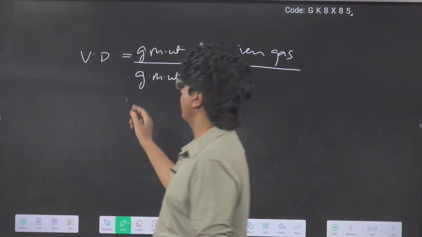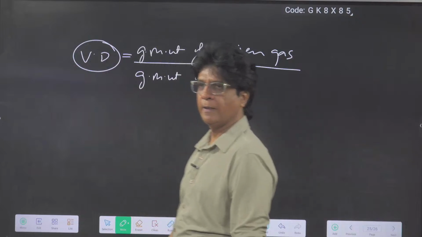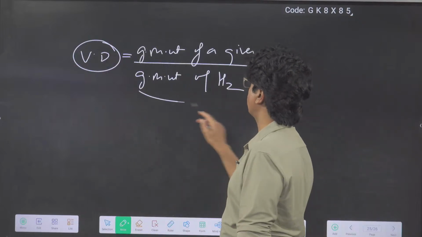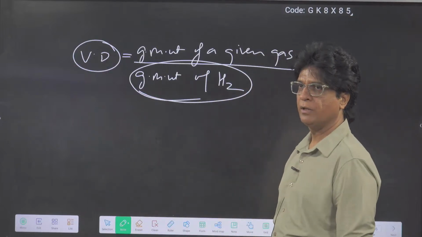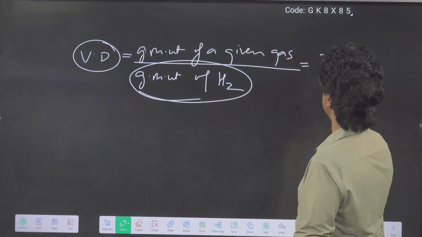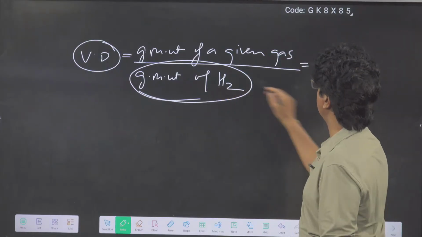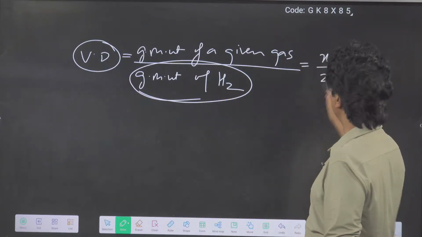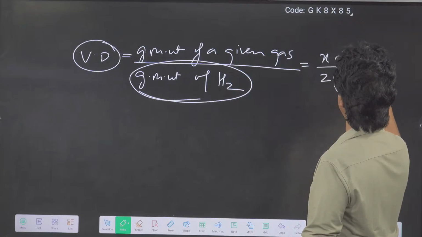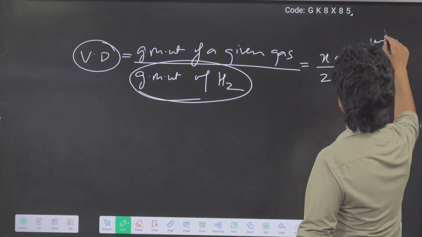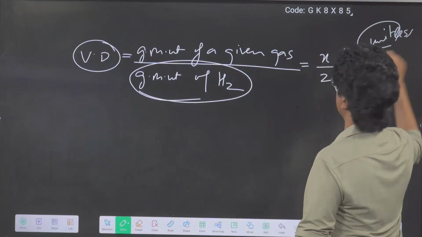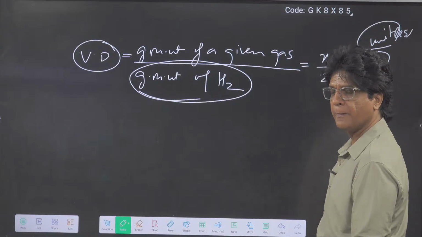Vapor density is a relative term. It is measured with respect to molecular weight of hydrogen. Now, if you will see that, it is supposed to say x gram, and this is 2 gram. So gram will cancel. It will be x by 2, which is a unitless entity. Is that clear or not?